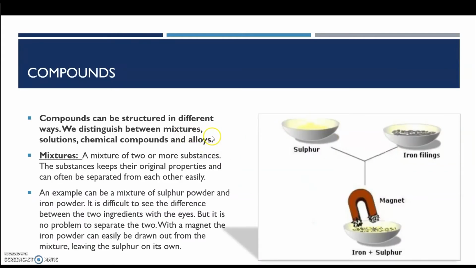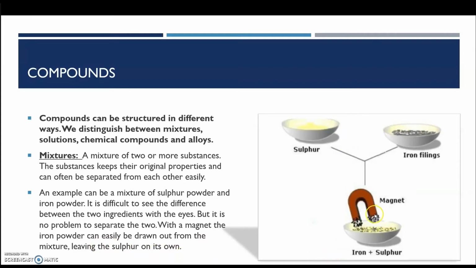Compounds can be structured in different ways. We distinguish between mixtures, solutions, chemical compounds, and alloys. First, I will talk about mixtures. A mixture is made of 2 or more substances. The substances keep their original properties and can often be separated from each other easily.